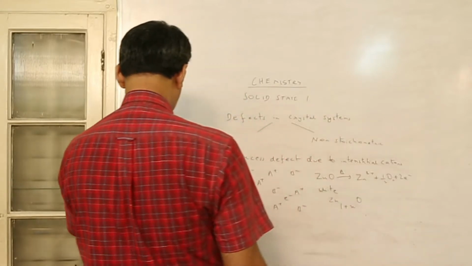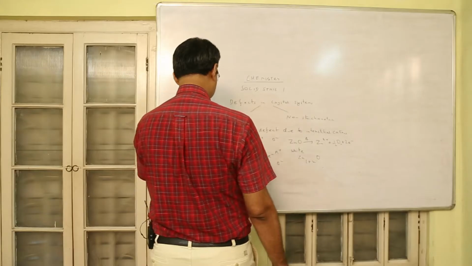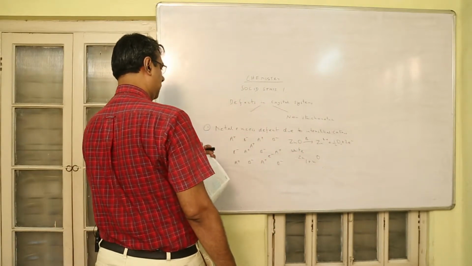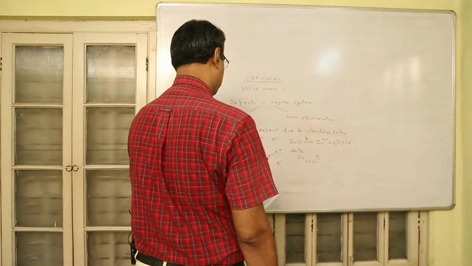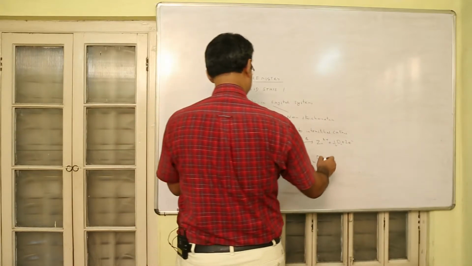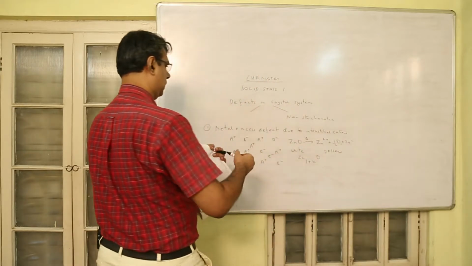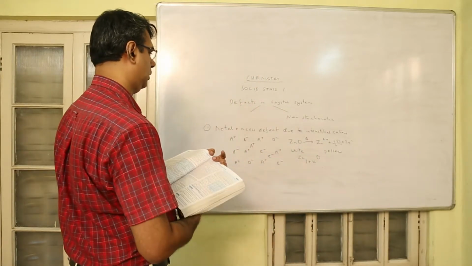Another thing is that these electrons which are in the interstitial positions, due to these electrons, now the substance is yellow in color. So the color now becomes yellow. Why?